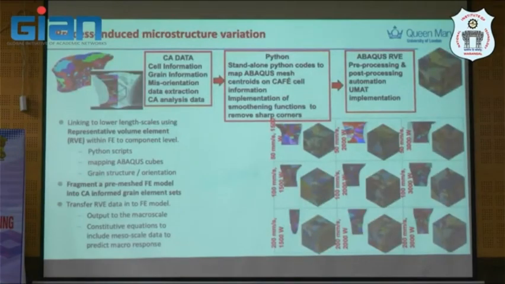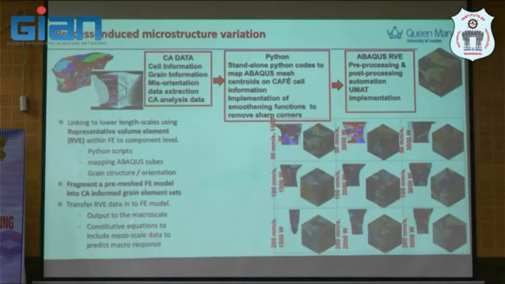So this is another linkage. We link from lower length scale, using a representative volume element in FE, to component level. Definitely we use Python scripting, Abaqus, and the grain structure. We also fragment a pre-mesh FE model to CA to inform the grain element set, and then we transfer this RVE, representative volume element, to finite element calculation.